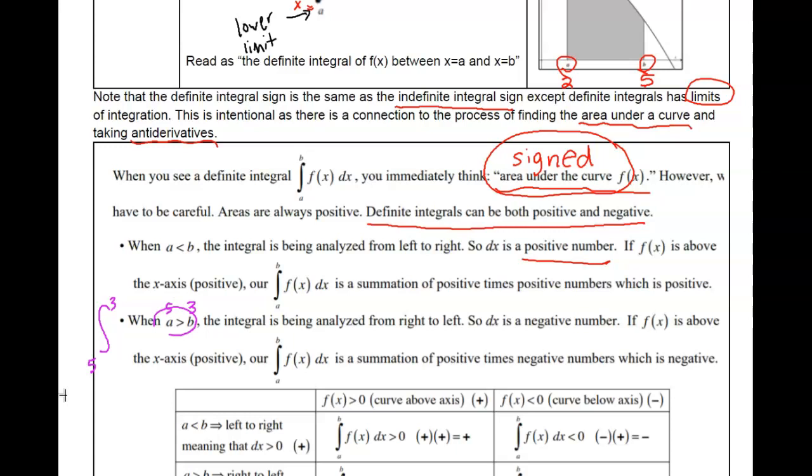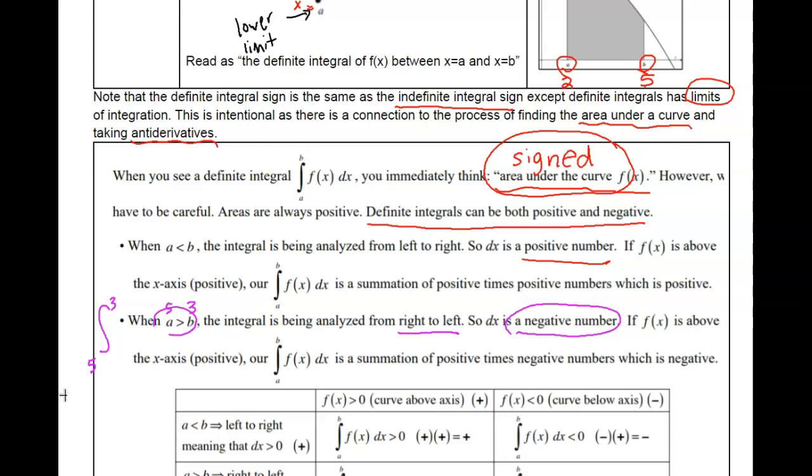You always want the lower limit to be smaller, and the upper limit should be bigger. You can't just change these. So if you notice that you have an integral value that's written this way, where a is larger than b, it means you're going from right to left, and that's backwards. So what that means is that you are going to get a negative integral value, all right?